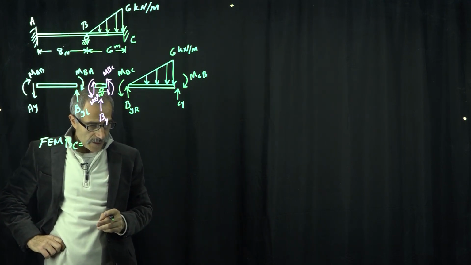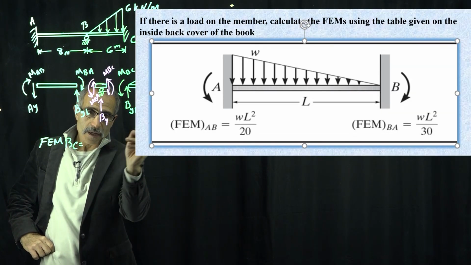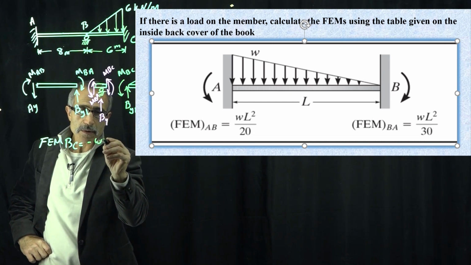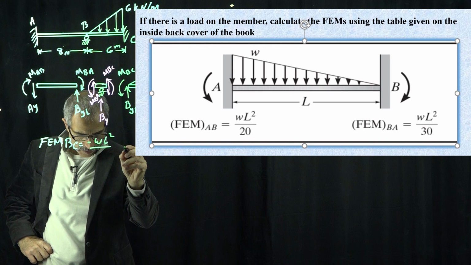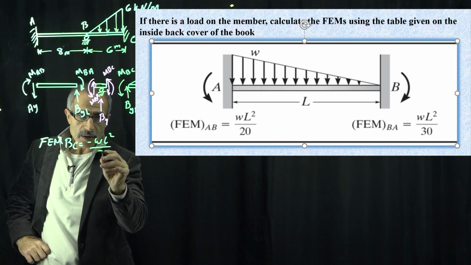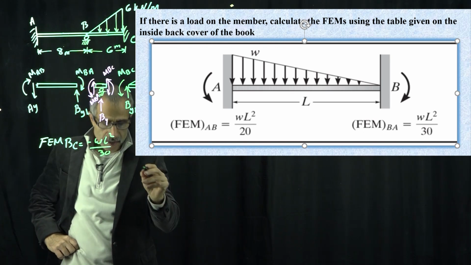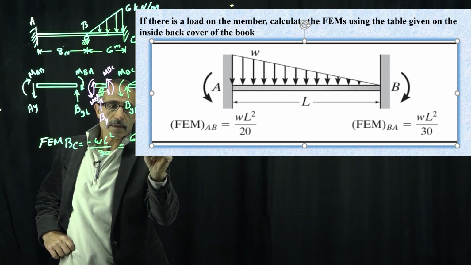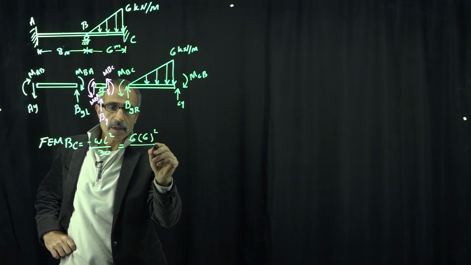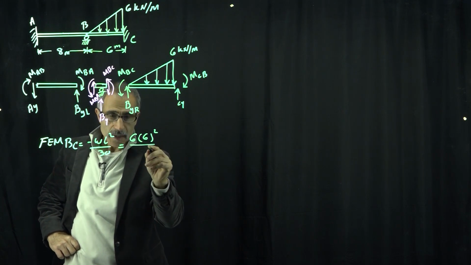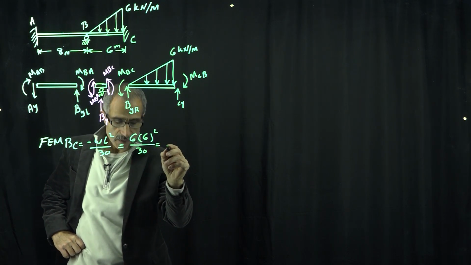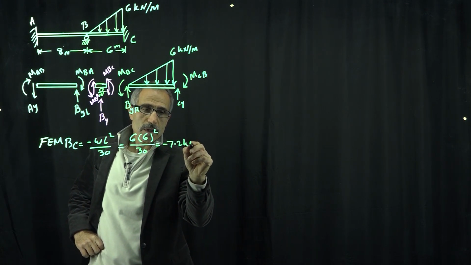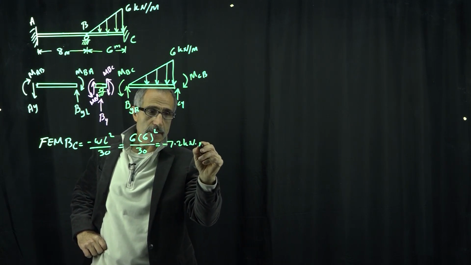As shown on the board, it's going to be minus WL squared divided by 30, which is 6 times 6 squared divided by 30, and that gives us negative 7.2 kilonewton meter.